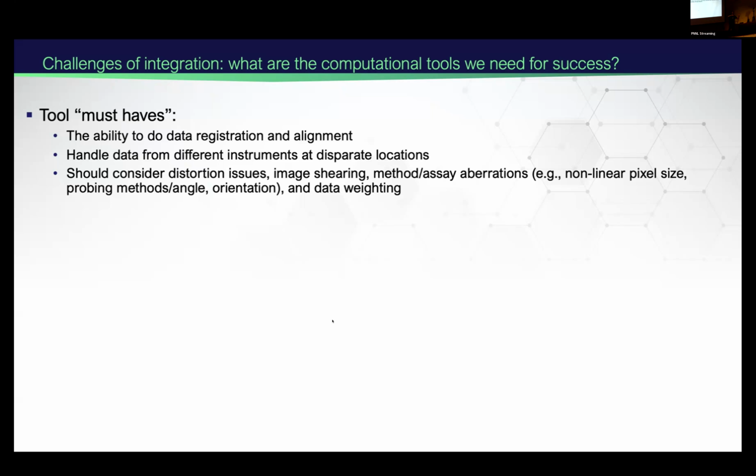That can cause shadowing of your images on the other side, because you can't get ions to that side if you have topography. The other thing is orientation. Jocelyn brought this up earlier: how you take the images is how you get the data, whether you're probing directly, whether you're taking analysis from reflective or transmission mode, and what angle everything is coming in at. And then of course, data weighting.